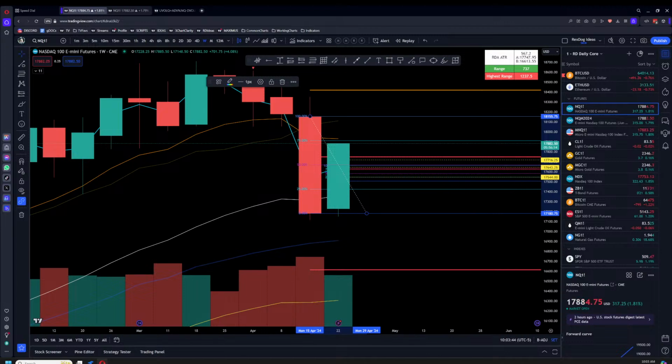We still got a ways to go to get there, but what's this A here? Is that an alert? I think that's an alert. Interesting. All right. We are past the ATR for the week.